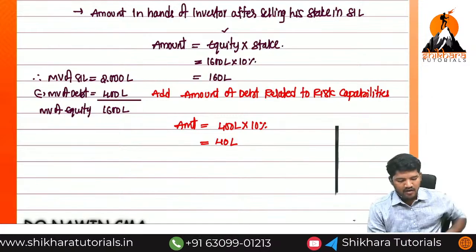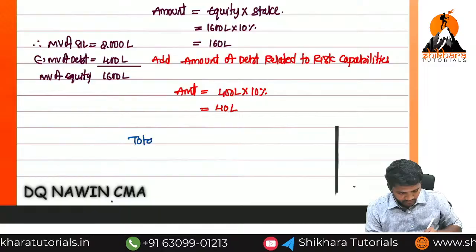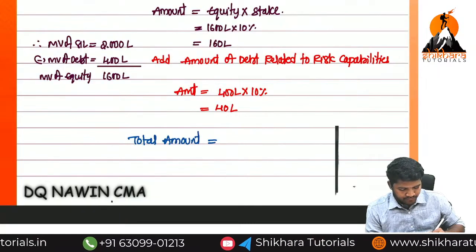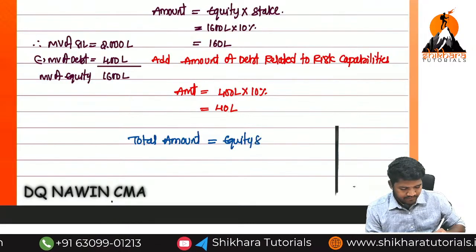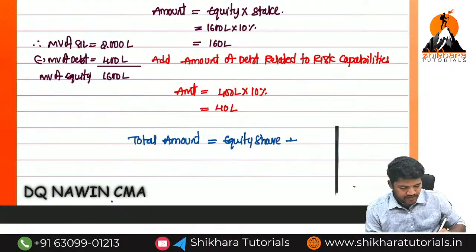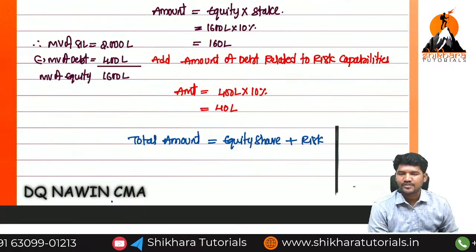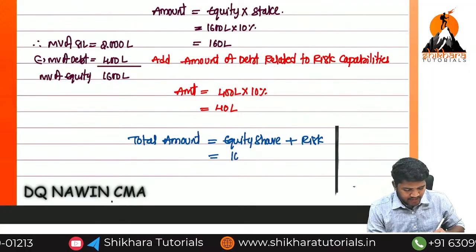Guys, clear? Now you have to write the words total amount equals equity share plus risk. Equity share plus risk. Now if I sell my stake, I will receive equity share 160 lakhs.